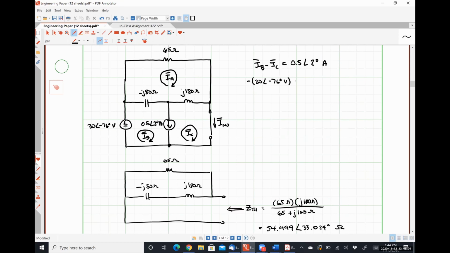All right. C minus A equals 0. All right, and now around mesh A.